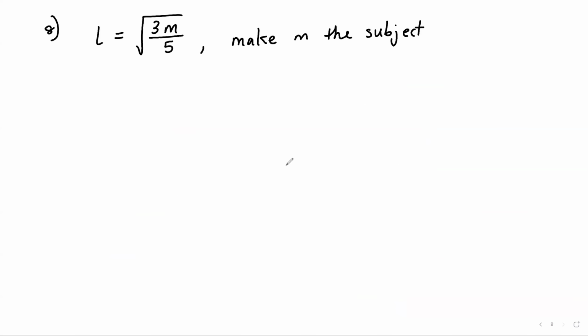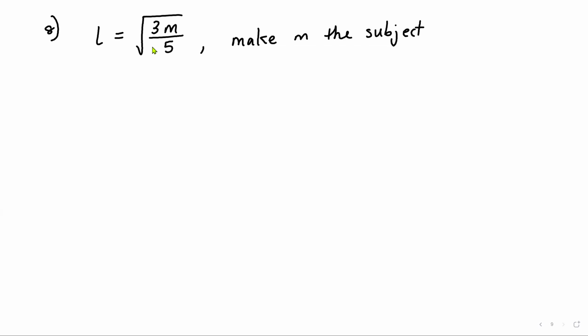Right. For this one, then the mistake that you made, Genesis, is that you wrote it as L is equal to the square root of 3m over 5, right? But the question is really L is equal to the square root of 3m divided by 5, right?